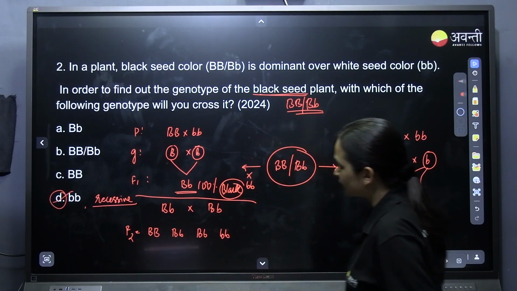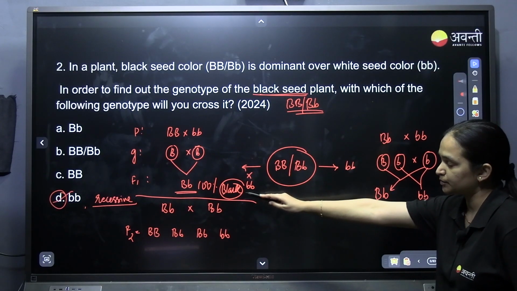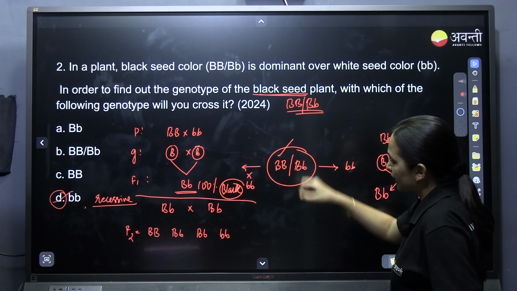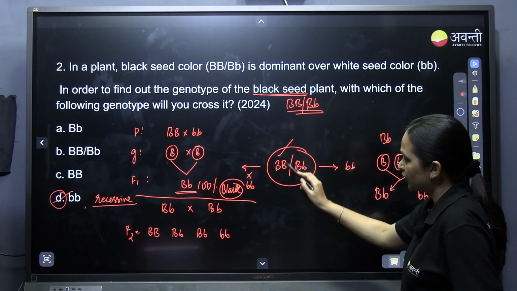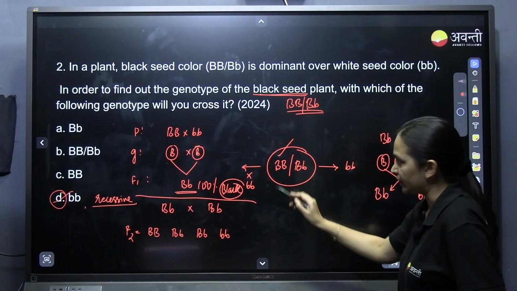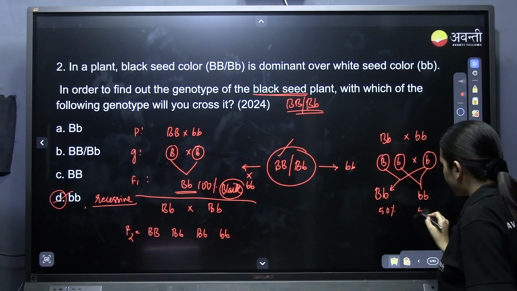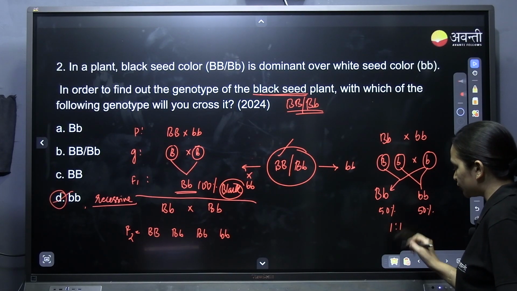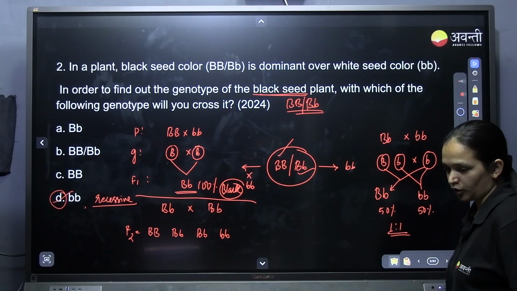Here in the F1, if you get 100% black, then it means the parent phenotype which we were testing was homozygous dominant. If we get 50% black and 50% white, a 1:1 ratio, then it means it is heterozygous dominant.